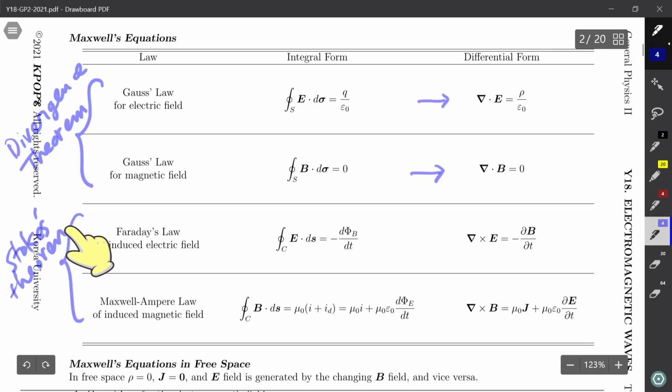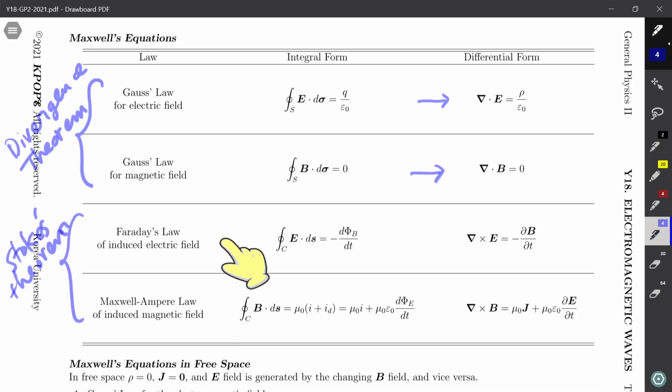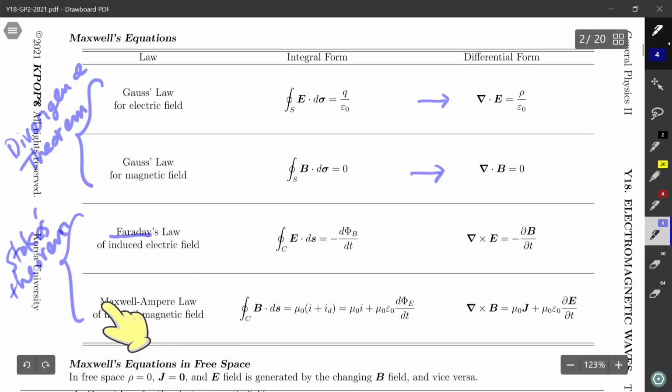Stokes theorem can be used to replace the integral form of the Faraday and Maxwell-Ampere law with these forms.